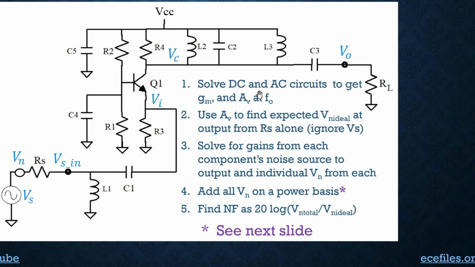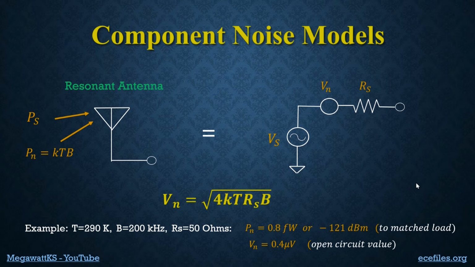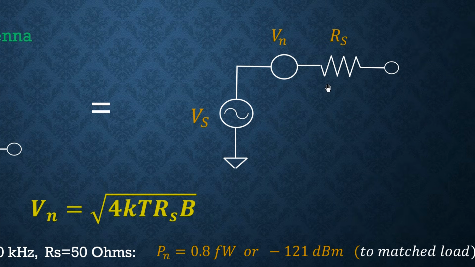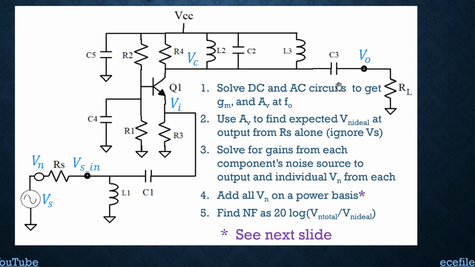And then in noise analysis, we replace this Thevenin equivalent with this one that includes the noise source. And we use the voltage gain that we found with basic circuit analysis to find the expected noise at the output over here from this noise in this source resistance.